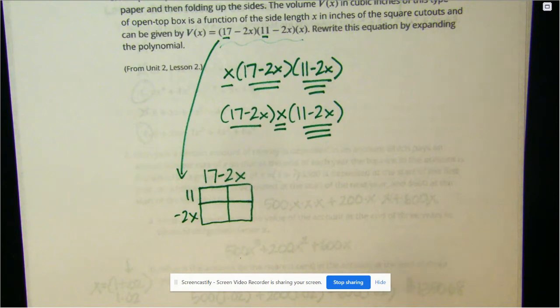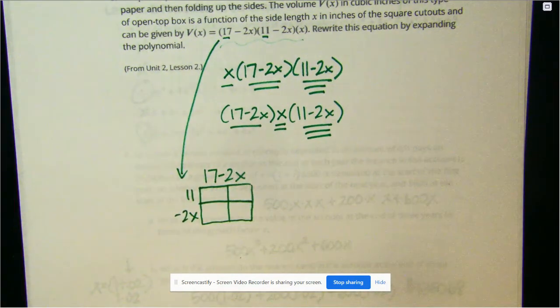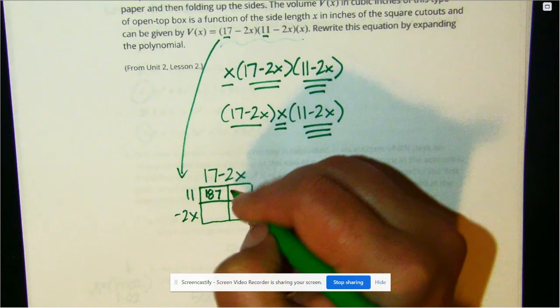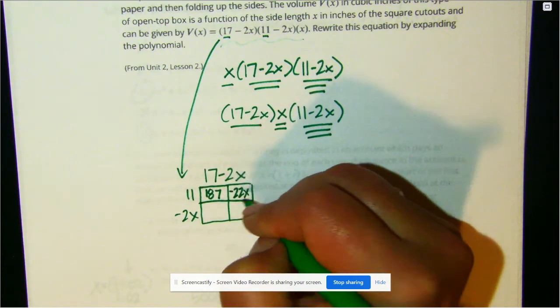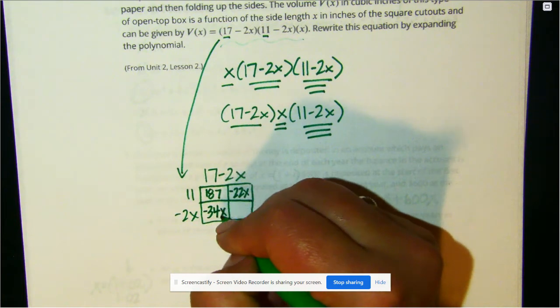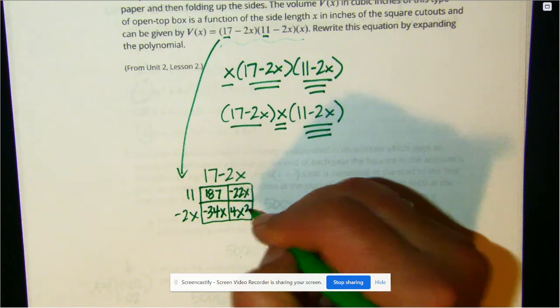All right, so now I'm going to do 11 times 17 and put the answer in there. So 187, 11 times -2x is -22x. -2x times 17, -34x. -2x times -2x, +4x squared.